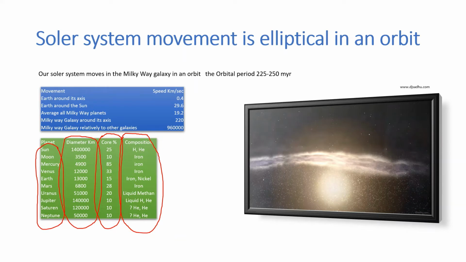The composition and the percentage of the core is important for each planet to give it the ability to produce an electromagnetic field around it, protecting the planet better from the intrusion of sun storms.